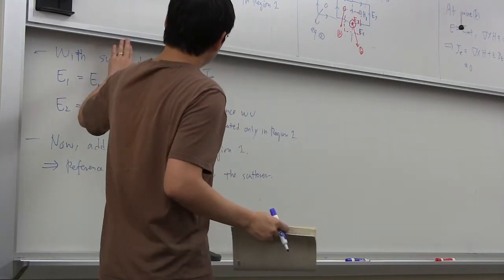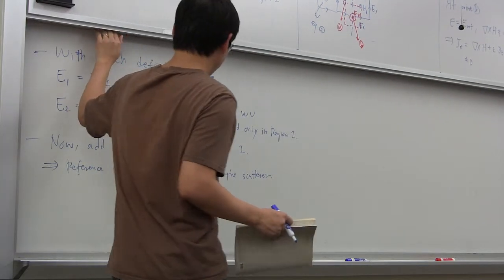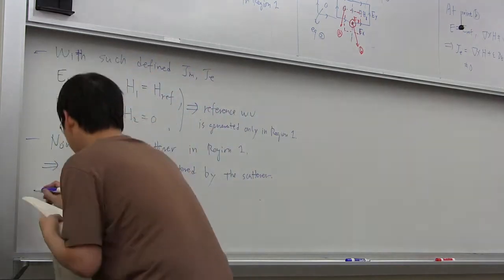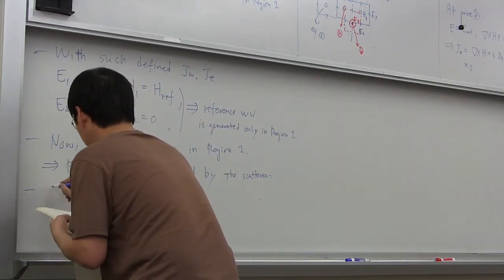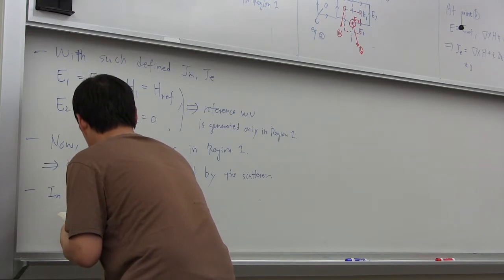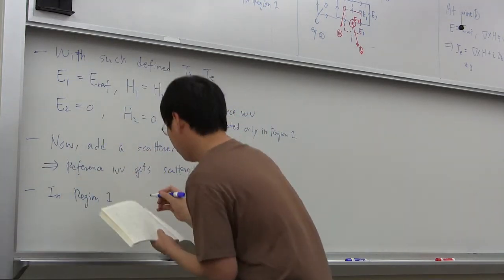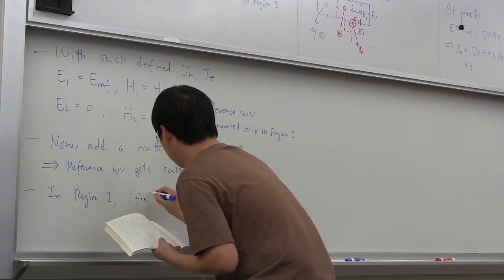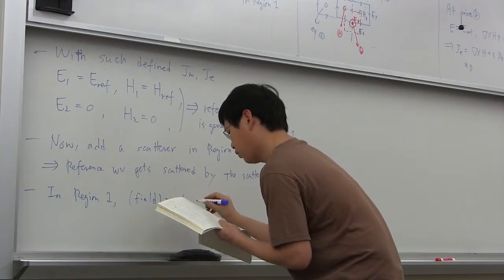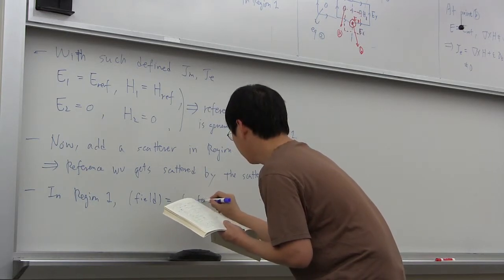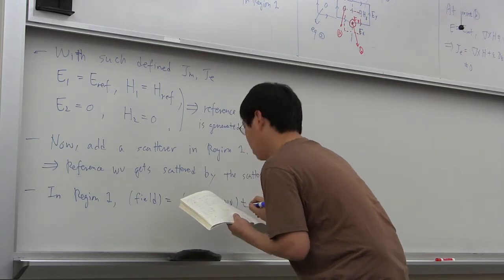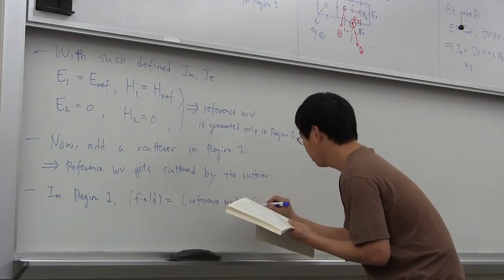Okay, so in region 1, the field is reference wave plus scattered wave.